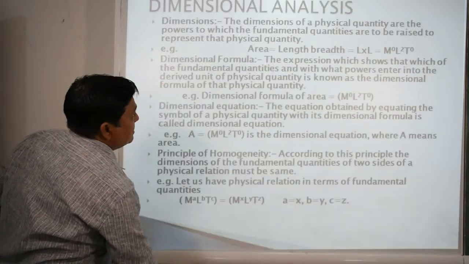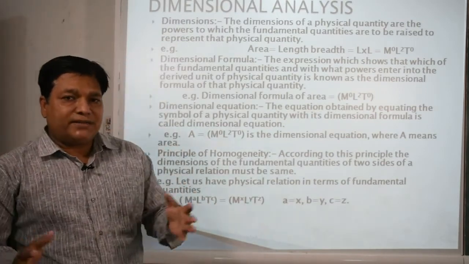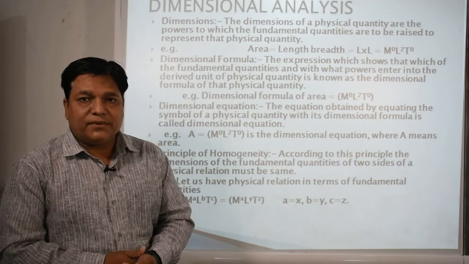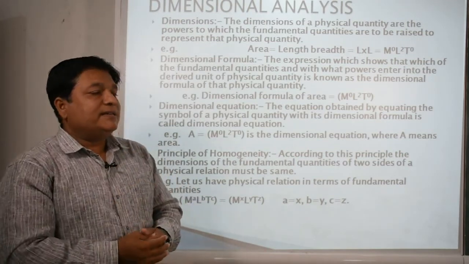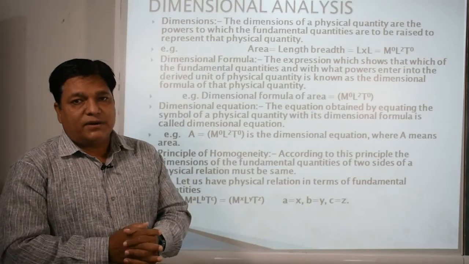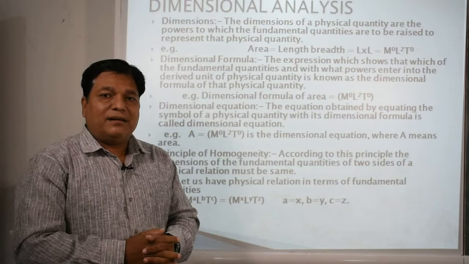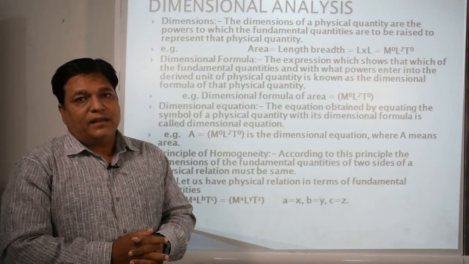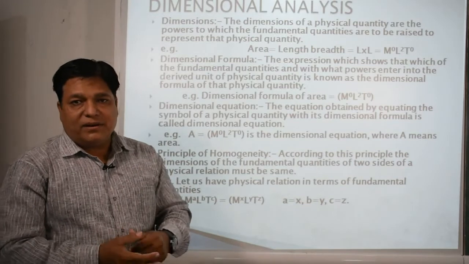What do we understand by dimension? We have already studied the physical quantity. Dimension means the powers over a physical quantity. These are said to be the dimensions of a physical quantity. Suppose we take mass, length or time, and any derived quantity which is made by the fundamental quantities.